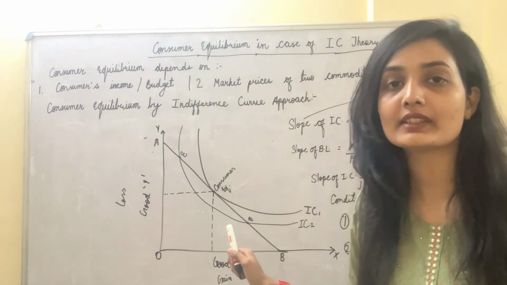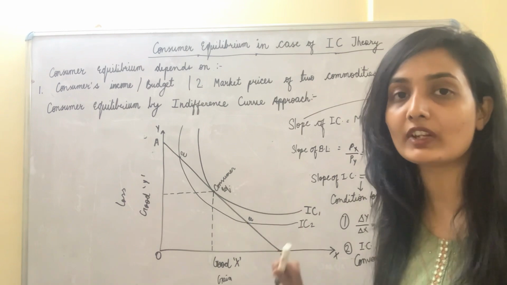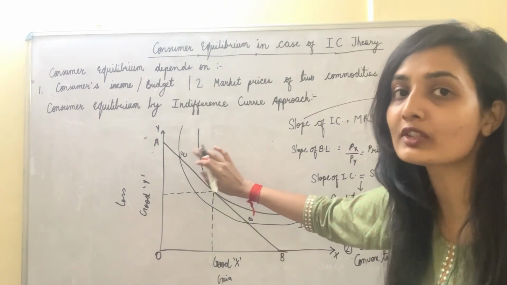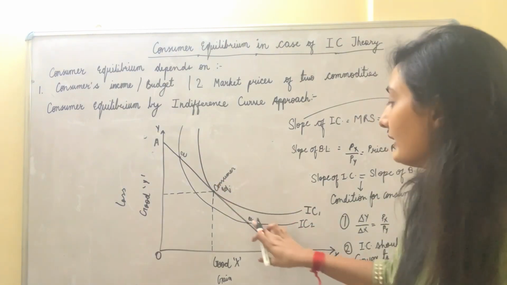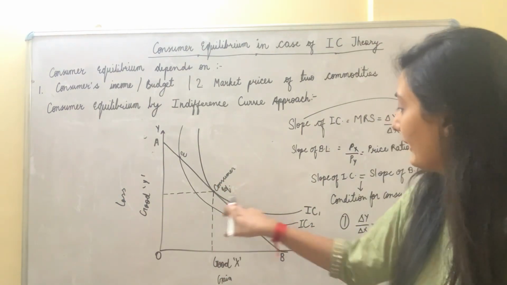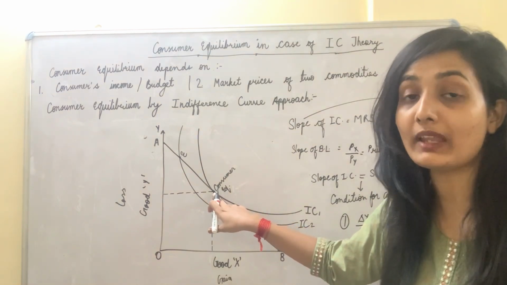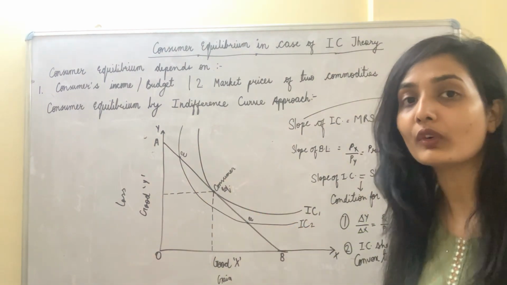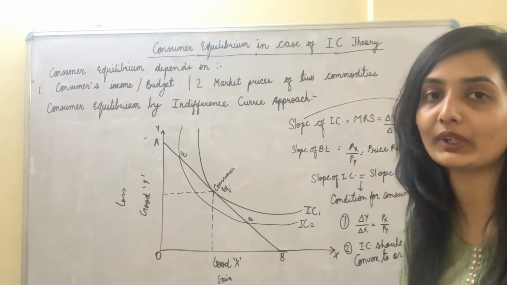The question is where the consumer is getting maximum level of satisfaction. This point is also showing consumer equilibrium or fuller satisfaction, and this point is also, on IC1. So which point is the consumer equilibrium point?